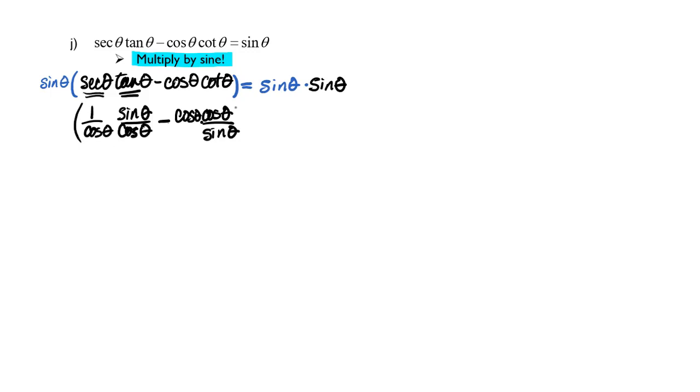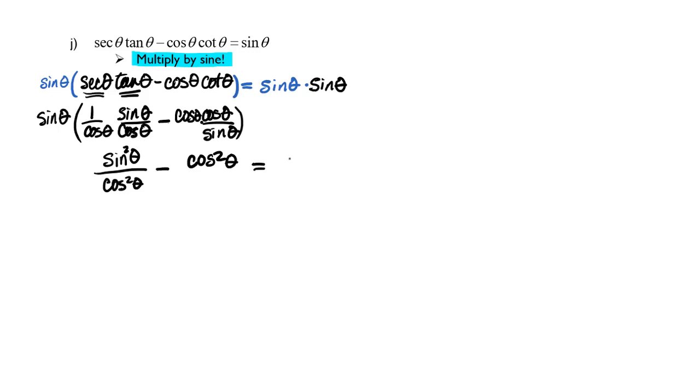Now, when I multiply this by sine theta on the outside, I can start seeing some patterns that might help me reduce. I have a sine squared theta now in the numerator over cosine squared theta minus cosine squared theta, because when I multiply the sine theta in, the sine theta will divide with the one in the denominator.